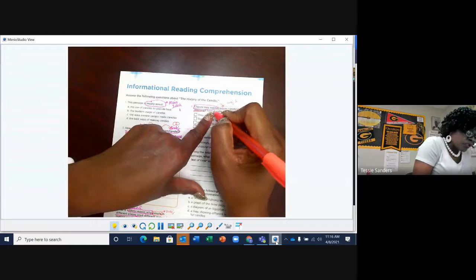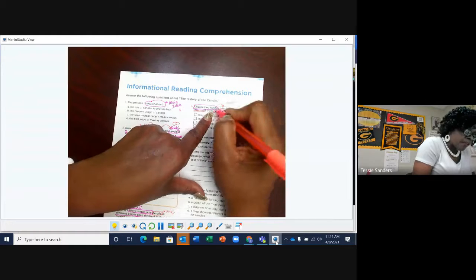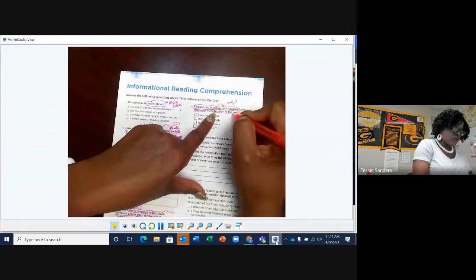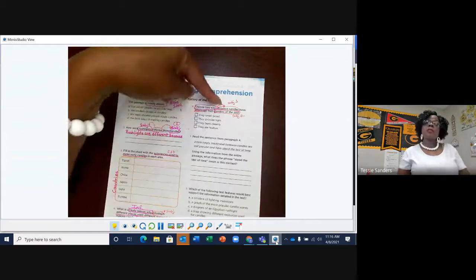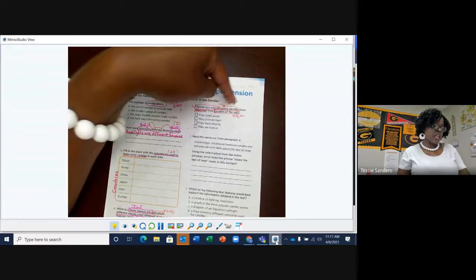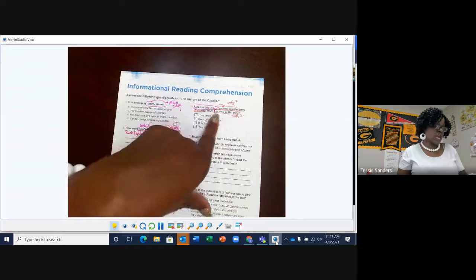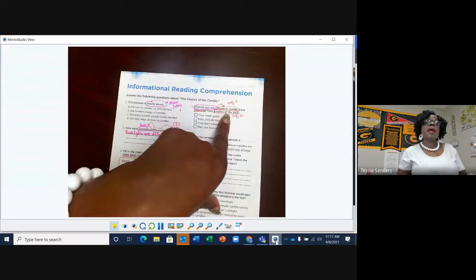So there's a difference here. This is subject 2. Subject 1, we're looking at modern candles. Subject 2, we're looking at candles of the past.